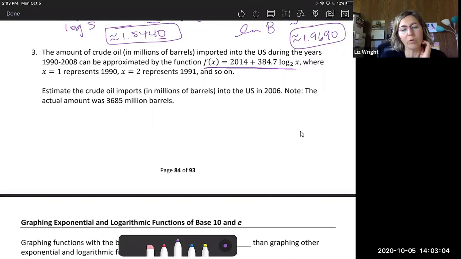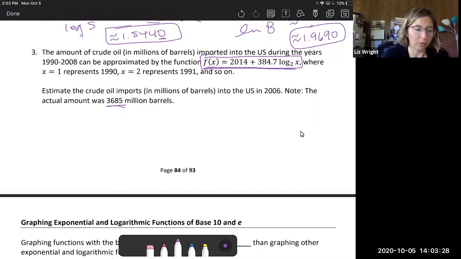Estimate the crude oil imports in millions of barrels into the US in 2006. Note the actual amount was 3,685. We're going to compare the actual to what the function predicted, to see how accurate this model is at modeling that relationship.